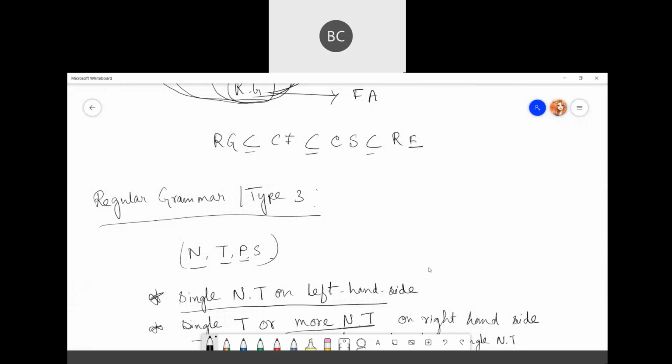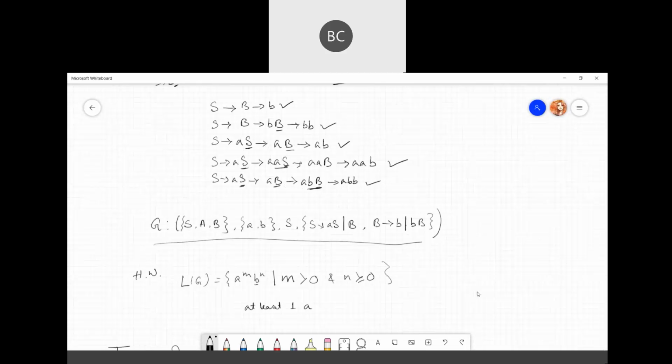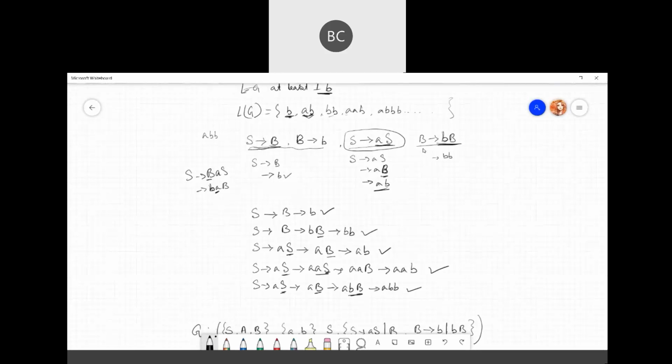See, that's why this is a regular expression. Just now we generated the language. One non-terminal symbol or variable at the left-hand side. Then in the right-hand side, there can be one terminal symbol, here it is just B, or there can be one terminal symbol followed by one variable or non-terminal.